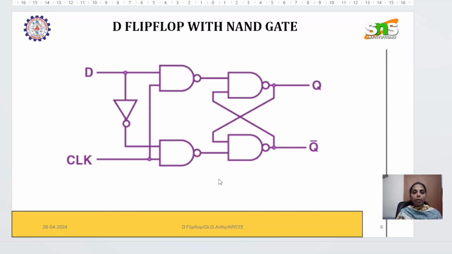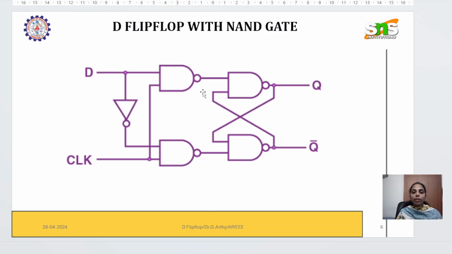The other two inputs are when S is equal to 0 and R is equal to 1, it has a value, and when S is equal to 1 and R is equal to 0, it has another value. So out of the two inputs, S and R, both are complements of each other. The D flip-flop takes advantage of this. It is used as a simplified version of the SR flip-flop when only the two conditions, S is equal to 0 and R is equal to 1, and its complement, are considered.